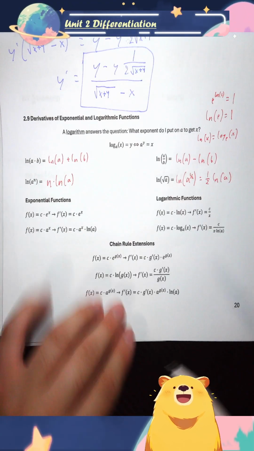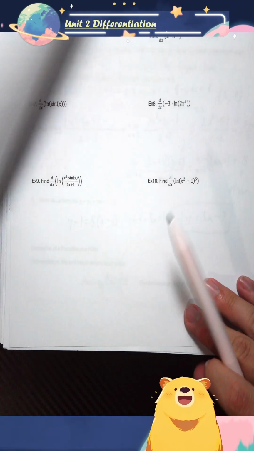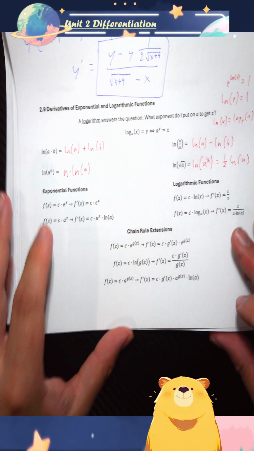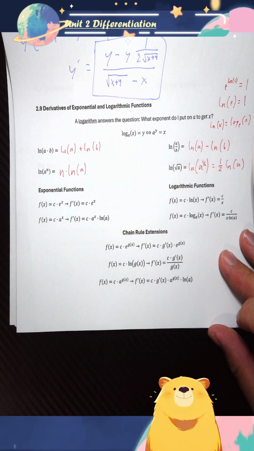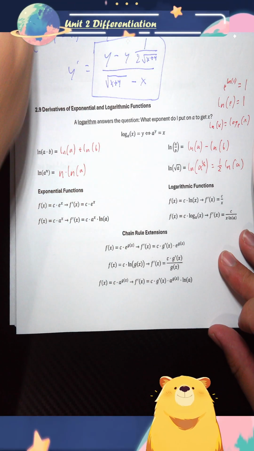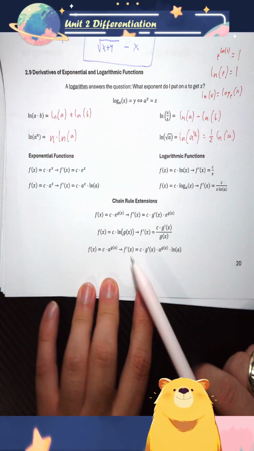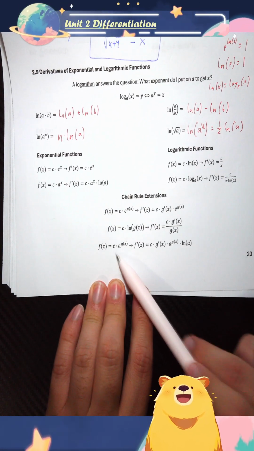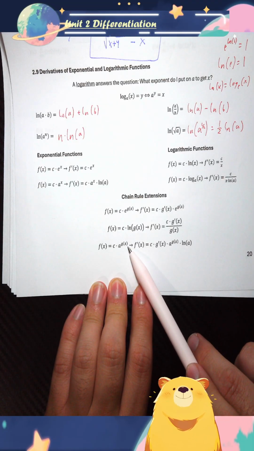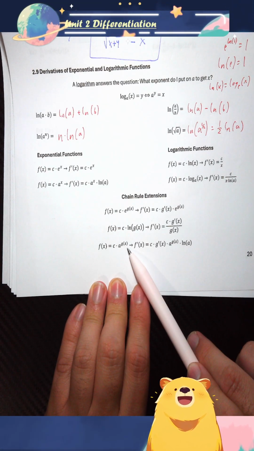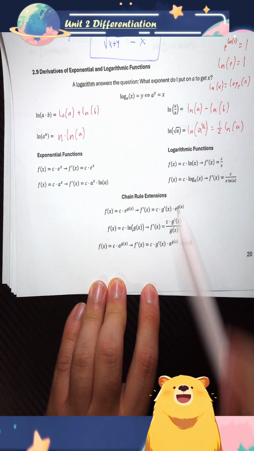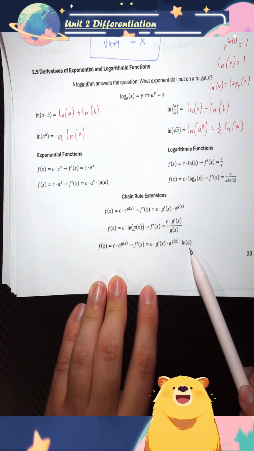And then just one more extension. I think that got chopped up, and I just see it now. Here, if I have some custom exponential to the power of some expression of x, then it's the same thing as here, but with the added ln of a.